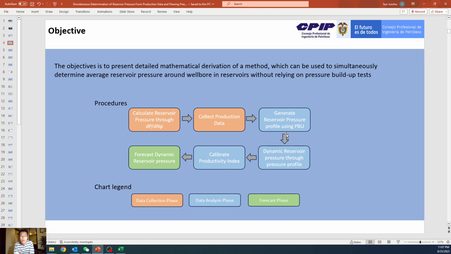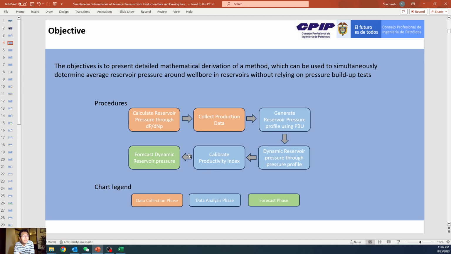Using the initial pressure and the representative PI, we can back calculate the average reservoir pressure near the wellbores simultaneously.